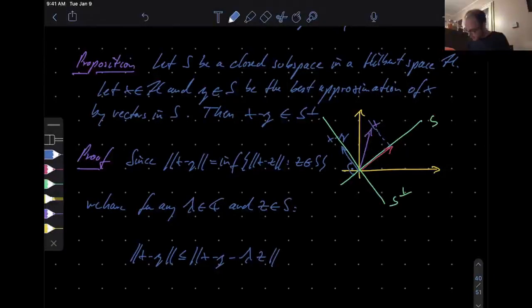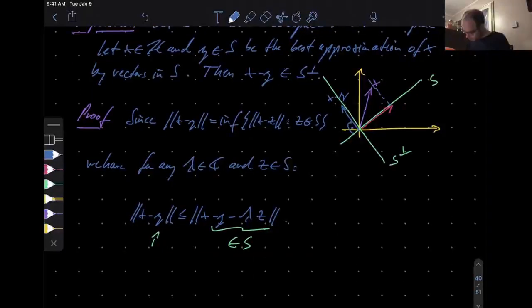Because Y, the best approximation, is a vector in S. Since S is a subspace, this guy here is in S, right? And since that is the minimizer, that means it cannot exceed this difference for another vector in the subspace.